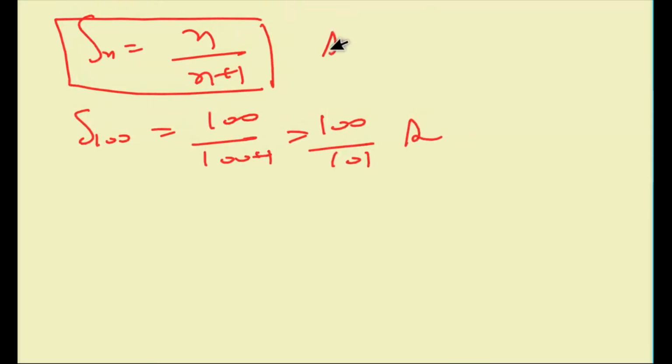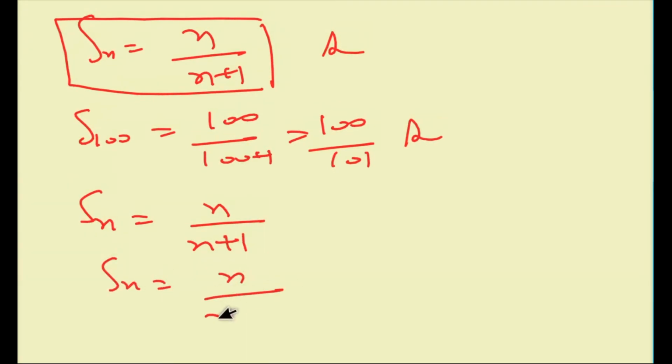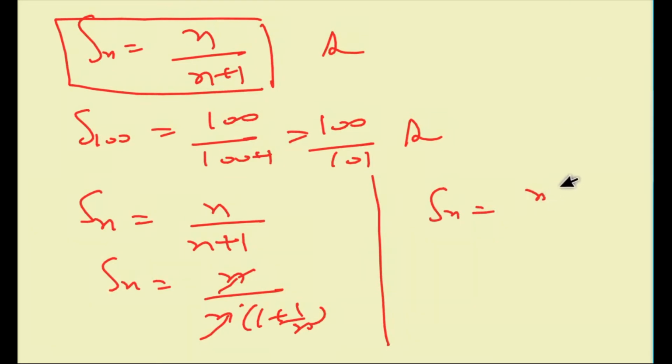Okay. Now if we want to find the sum of infinite terms, we first take n common from here and change it into the 1 upon n term. Then we can find Sn equal to 1 upon 1 plus 1 upon n.